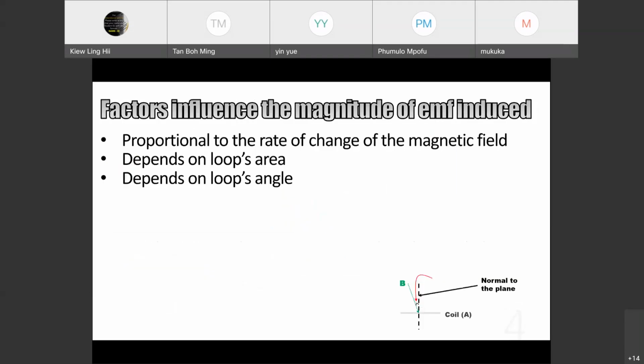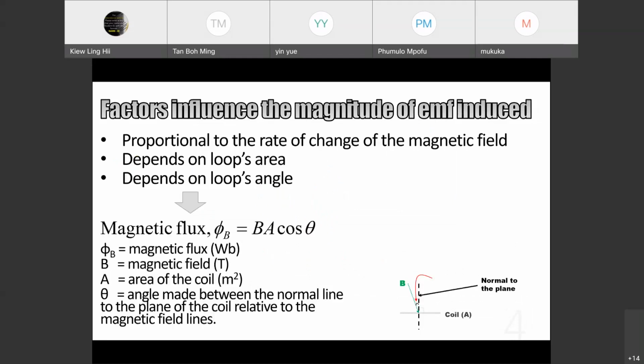So before we move into the main concept, we have to look at the new terms first. There is one term here called magnetic flux.